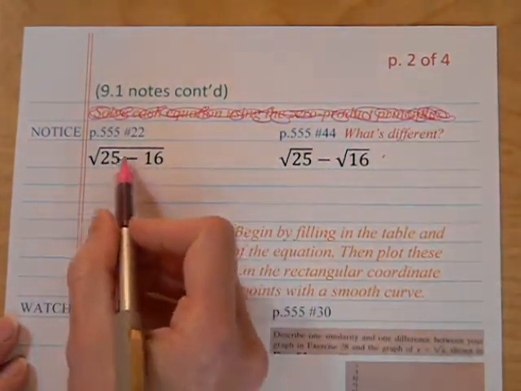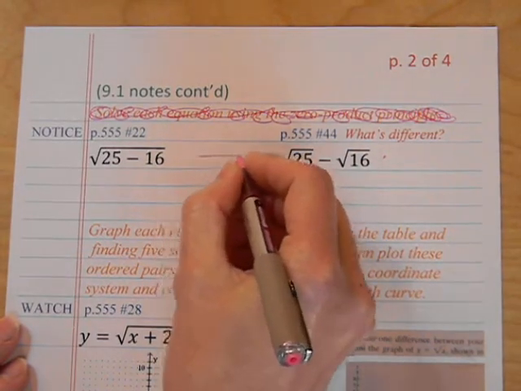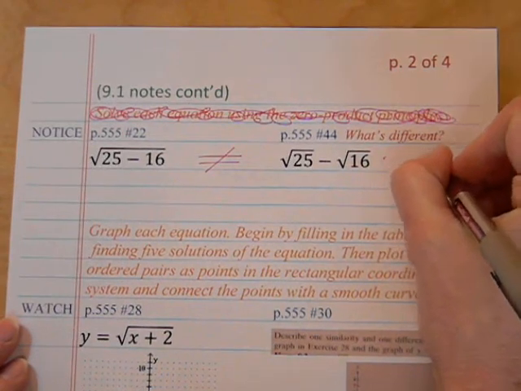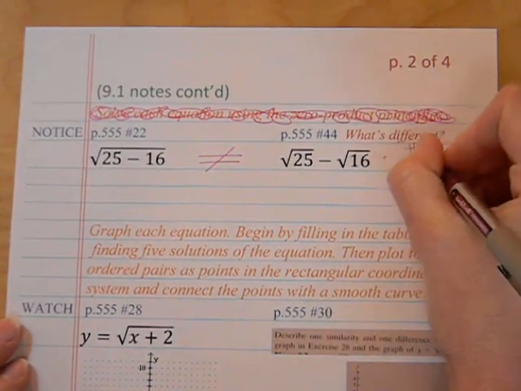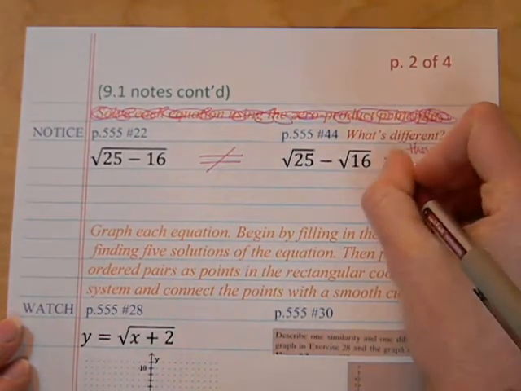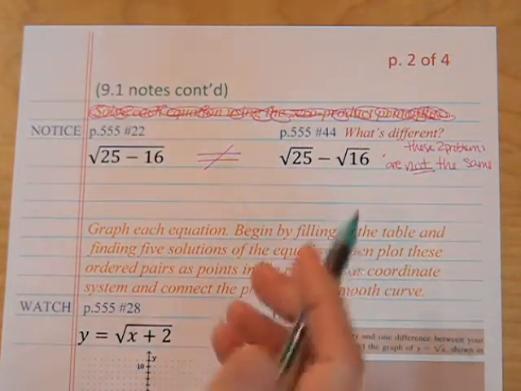So you've got subtraction here, and the one thing I want to highlight is that these are not equal to each other. These two problems are not the same, and here's how you can prove that to yourself.